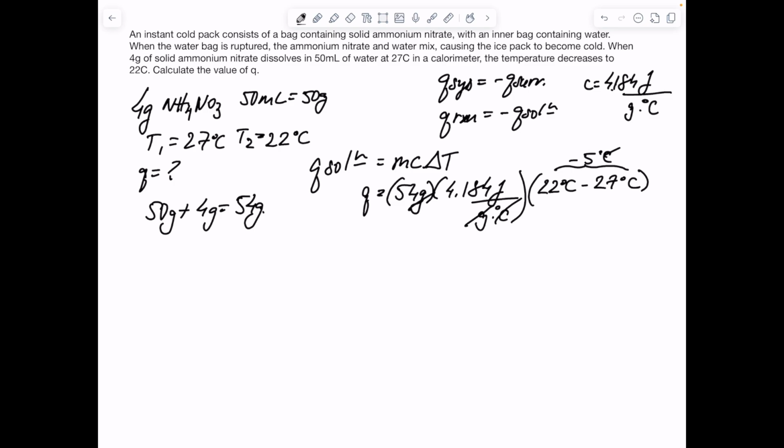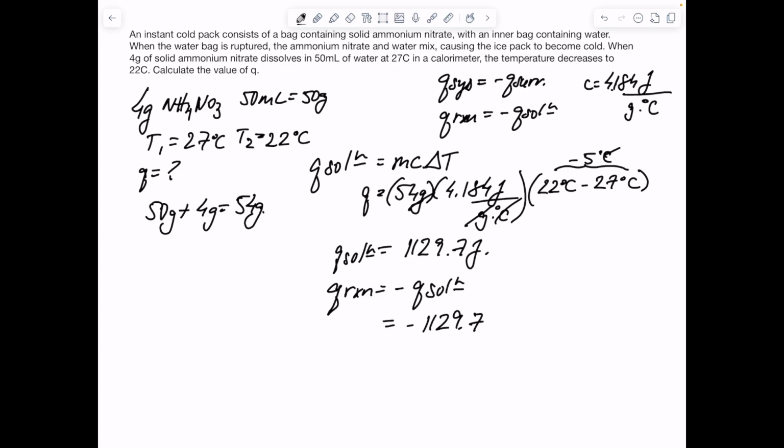And if you plug and chug, multiply all this out to find Q, it should be 1129.7 joules. So 1129.7 joules is Q solution. Now, Q reaction equals negative Q solution. So our answer will be the negative of that number.